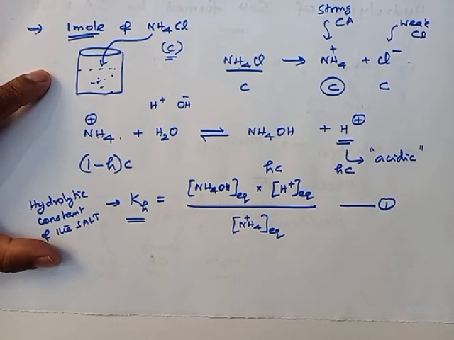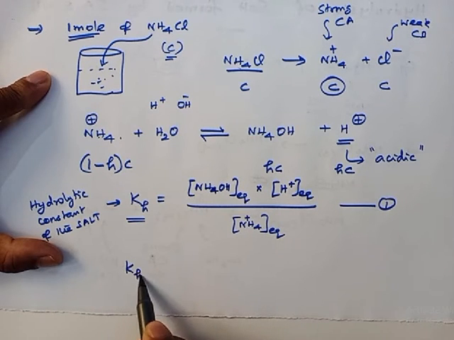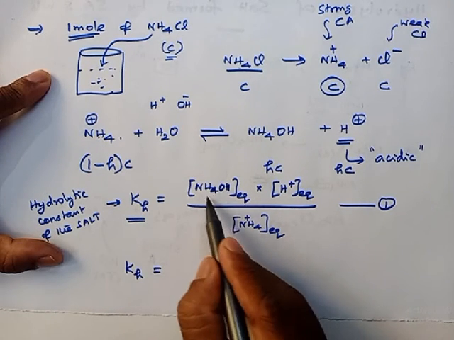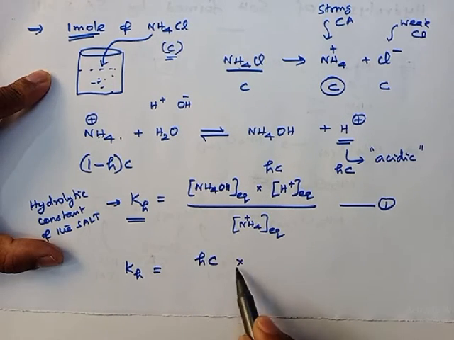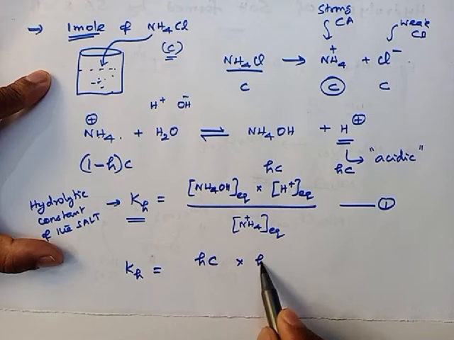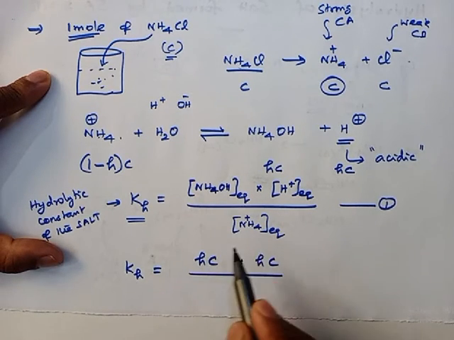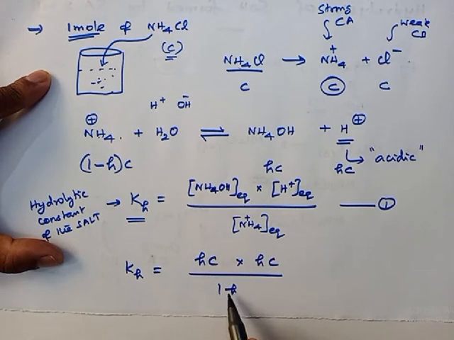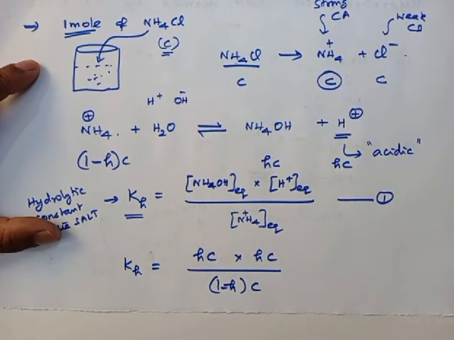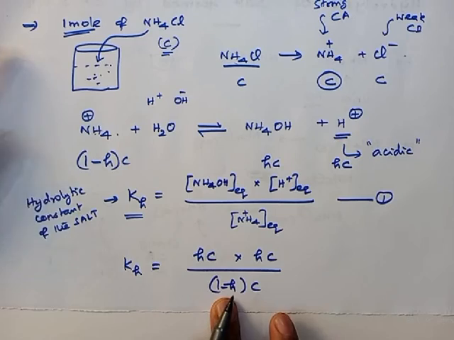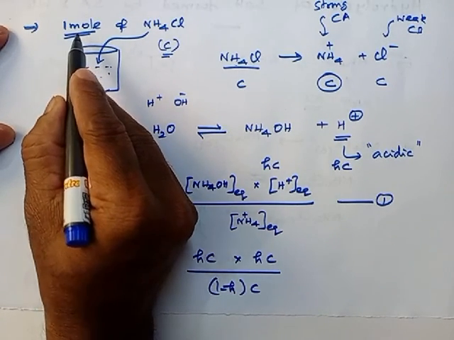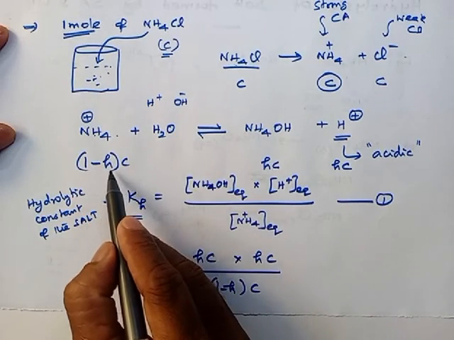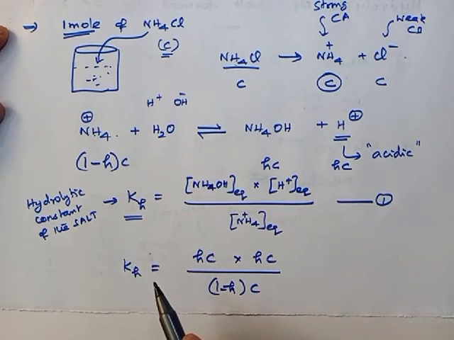Now Kh equals, what is the equilibrium concentration of ammonium hydroxide? hC. What is the equilibrium concentration of H plus? hC, divided by the equilibrium concentration of ammonium ion, (1 minus h) into C. What is h here? We have taken 1 mole of salt, therefore this h is called the degree of hydrolysis.